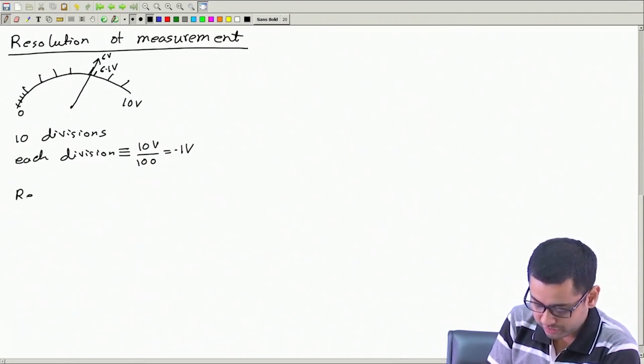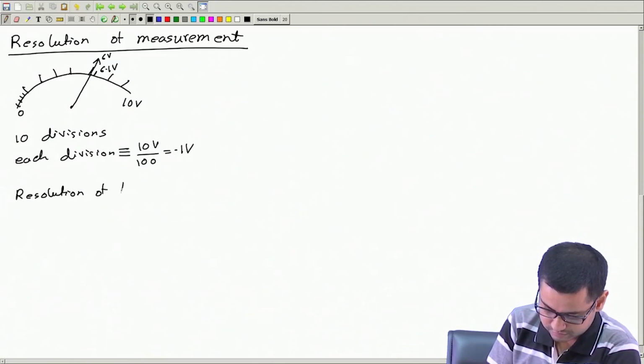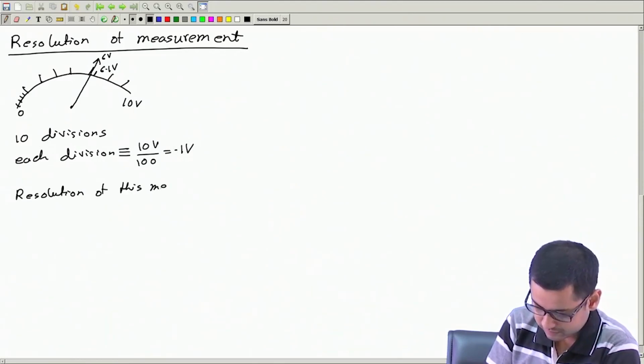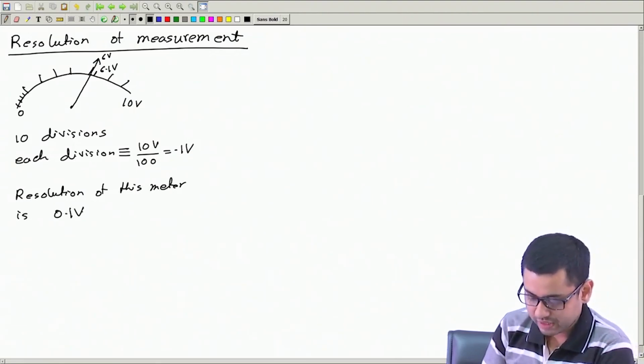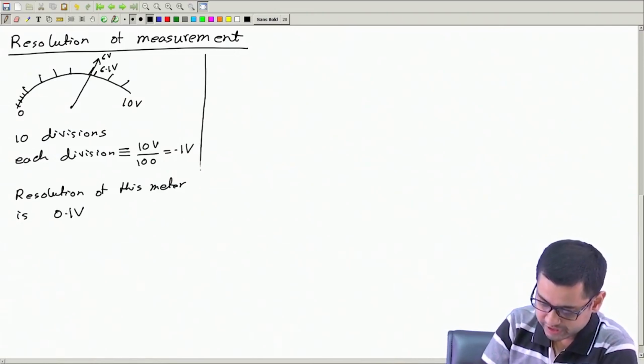So the resolution of this meter is 0.1 volt.